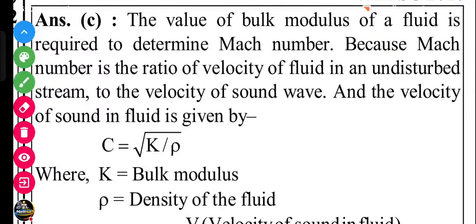The explanation is that the value of the bulk modulus of a fluid is required to determine the Mach number, because the Mach number is the ratio of the velocity of the fluid in the undisturbed stream to the velocity of the sound wave, and the velocity of sound in the fluid is given by c equal to root over k by rho, where k is the bulk modulus and rho is the density of the fluid.